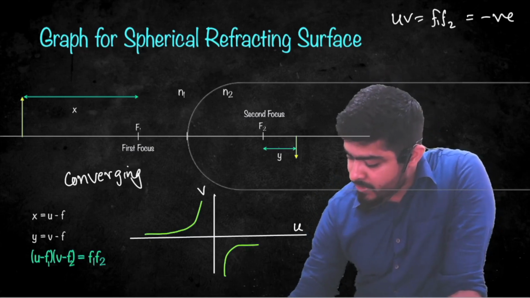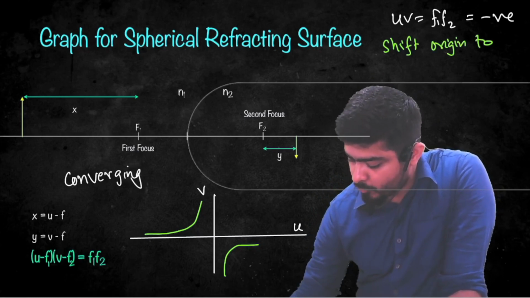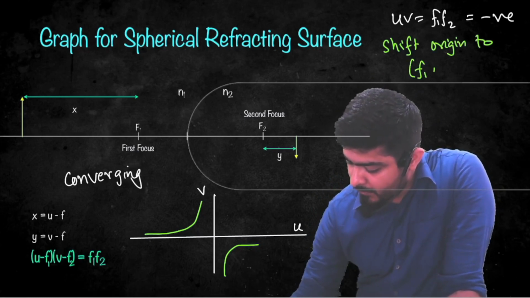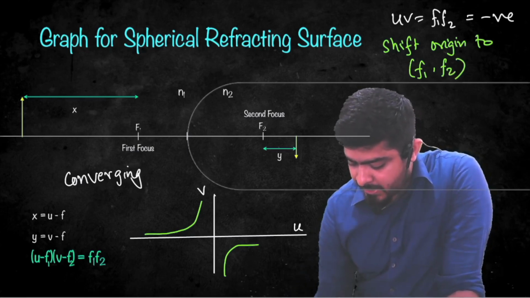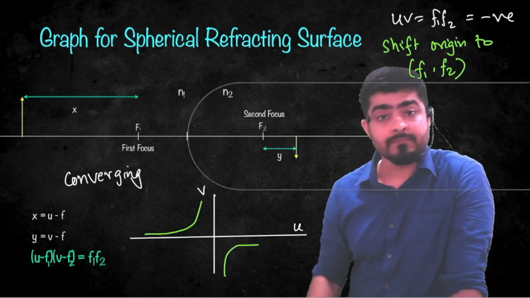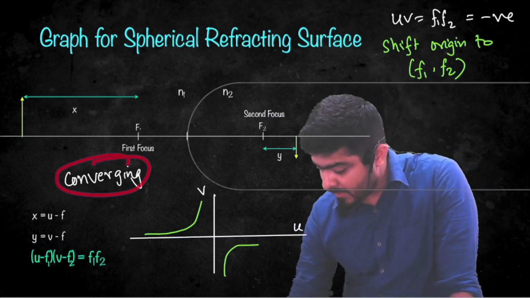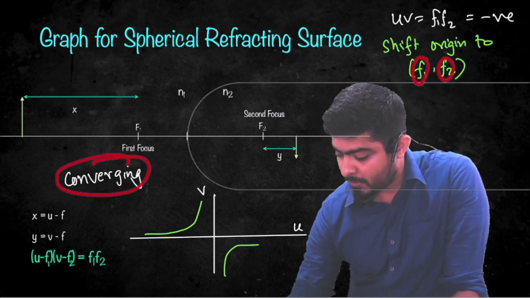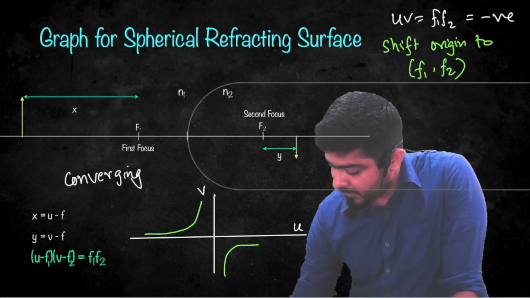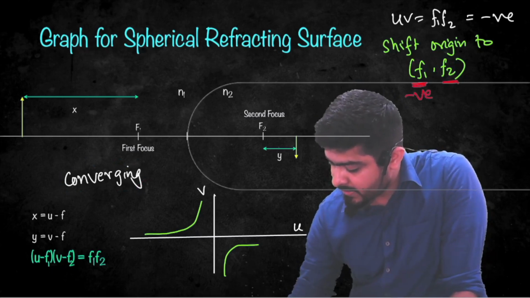But I want to shift my origin to f1 comma f2, because here I got u minus f1 and v minus f2. Now comes the important point. For converging system, f1 is negative, f2 is positive.